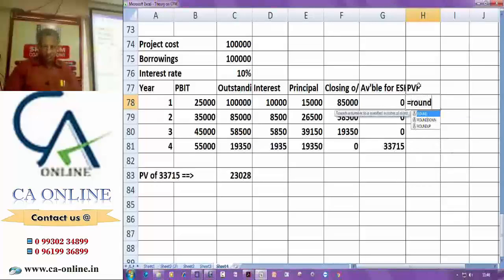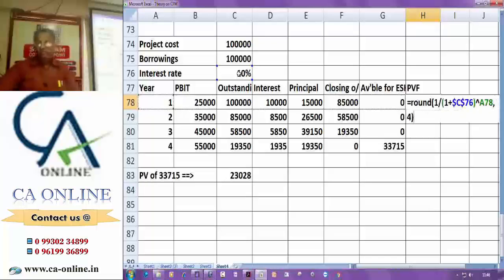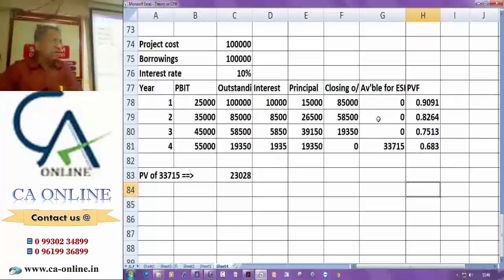Round 1 divided by 1 plus 10%. What is this I have done now? PV factor only I have just done with the help of a calculator. What you are doing, I am doing with MS Office Excel.